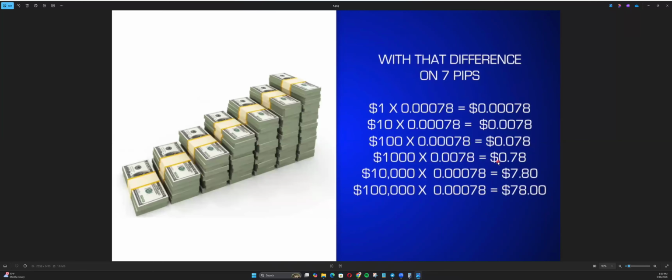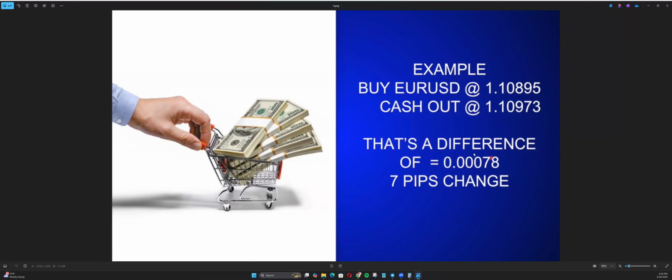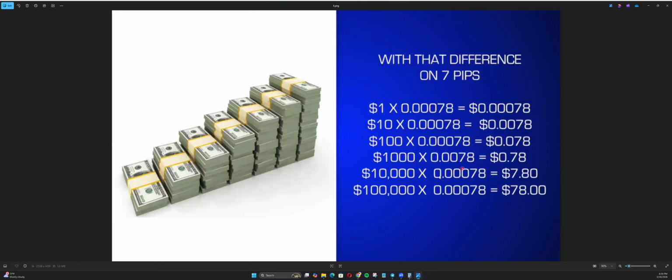Yeah. So now in that case, where you have something like this as your 0.0007, instead of moving the decimals to your pip value, with that difference of 7 pips, you could either come in with $1, and that's how much you're going to be making. Some people come with $10.